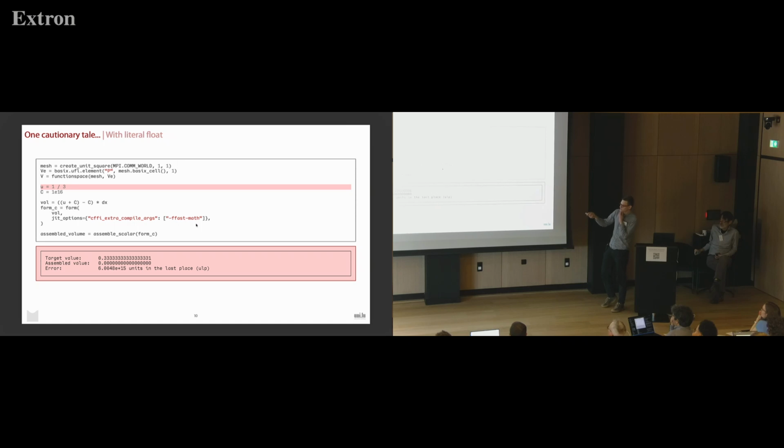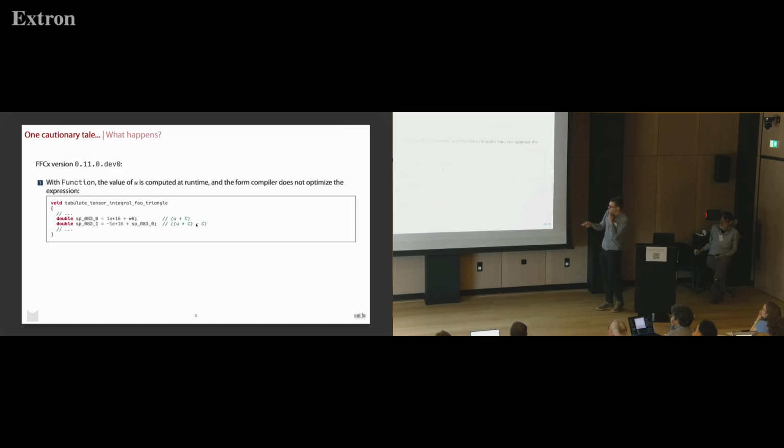If we look at this specific example, what happened is that if you look at the generated code, in the first example you would see that there is a huge number added to the function w0, and then it's subtracted, and this code is executed instruction after instruction, and this is where the cancellation happens. So you round away the function to the big number.